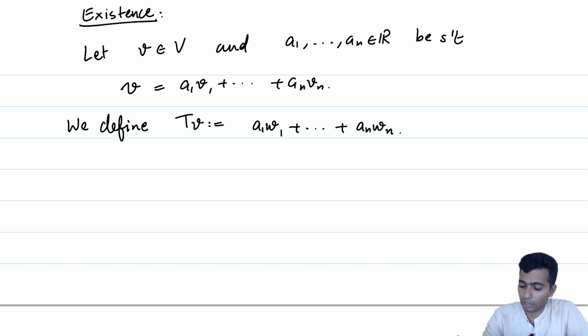So in particular, given the choice of A1, A2 up to An, this map is a well-defined map. Well-definedness is clear from one of the theorems before.